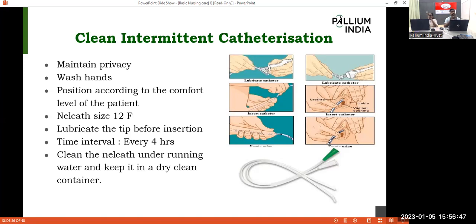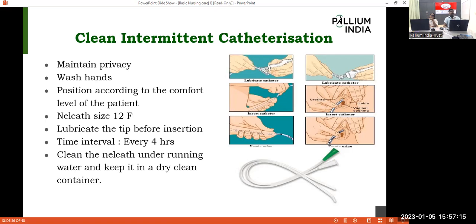Then wash hands, then position according to the comfort level of the patient. A 12 size Nelcat is mainly used for this self intermittent clean catheterization. Before introducing the tube into the urethral orifice, we need to lubricate the tip. Proper lubrication is very much needed.